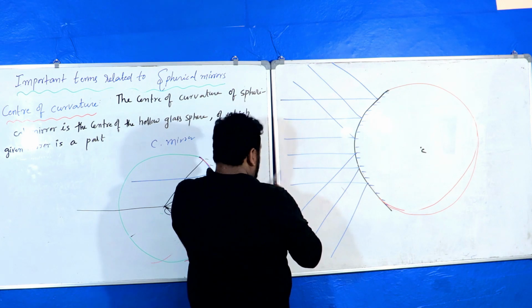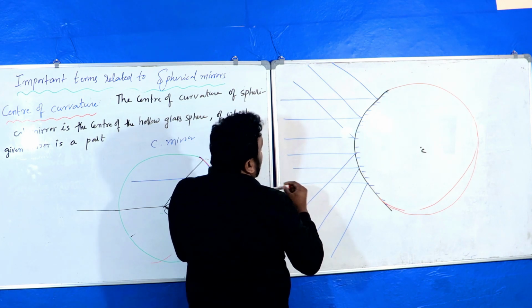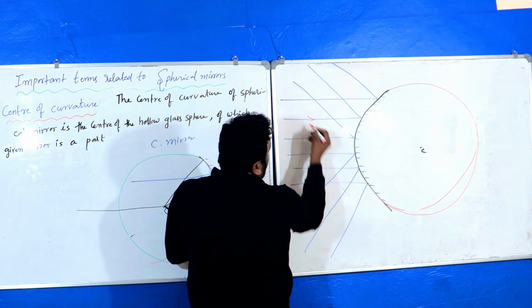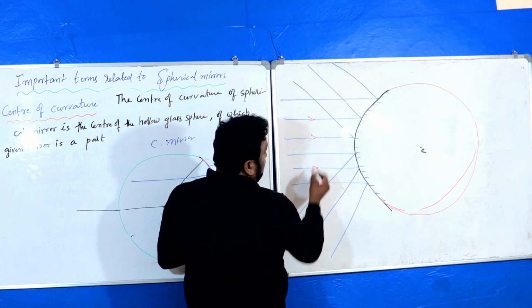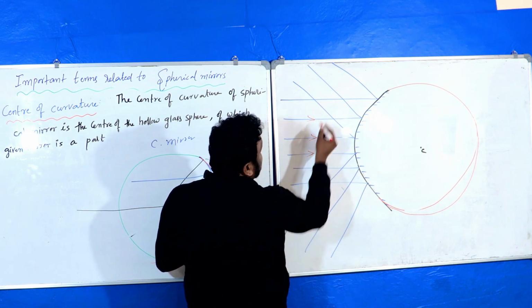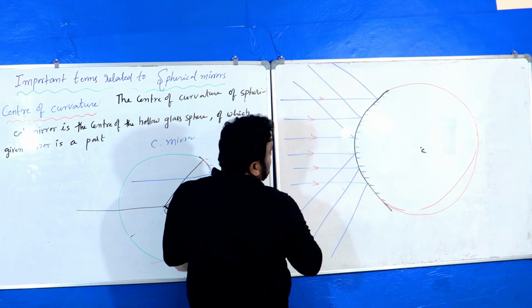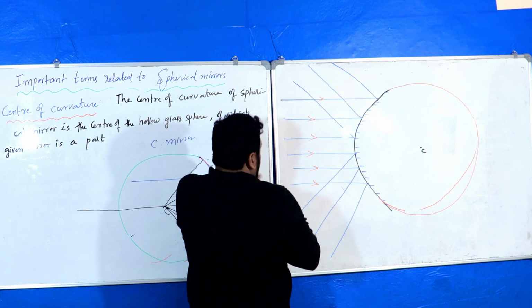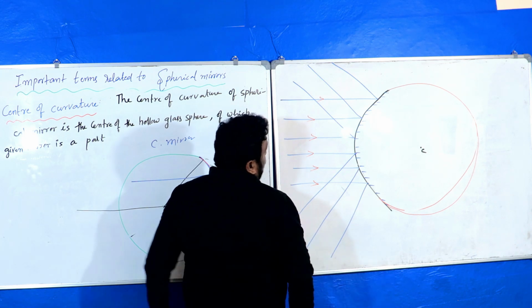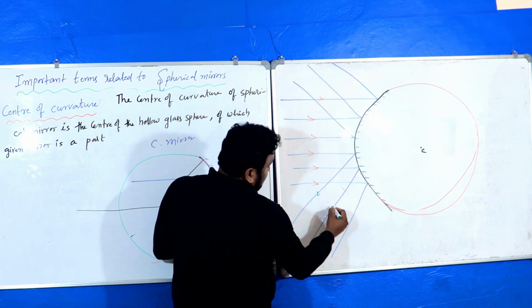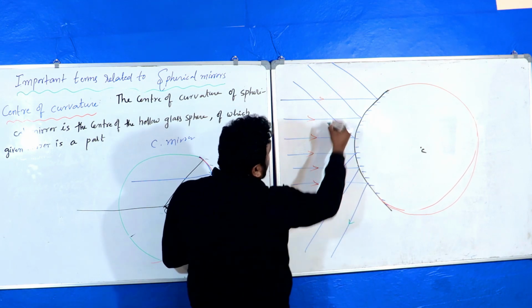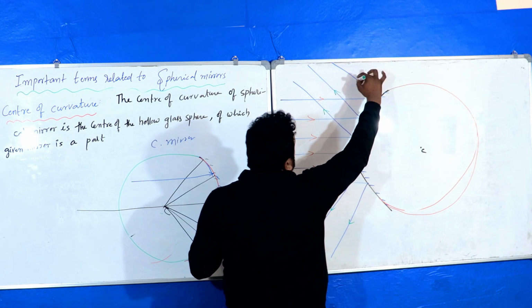Clear? So to understand that, these are the incident light rays, and these are the reflected rays.